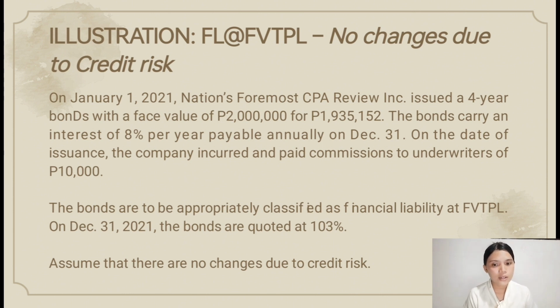The bonds carry an interest of 8% per year payable annually on December 31. On the date of the issuance, the company incurred and paid commissions to underwriters of 10,000, and the bonds are to be appropriately classified as financial liability at fair value through profit or loss. On December 31, 2021, the bonds are quoted at 103%. Assume that there are no changes due to credit risk.